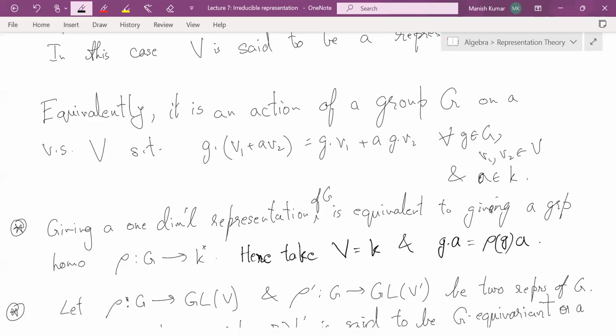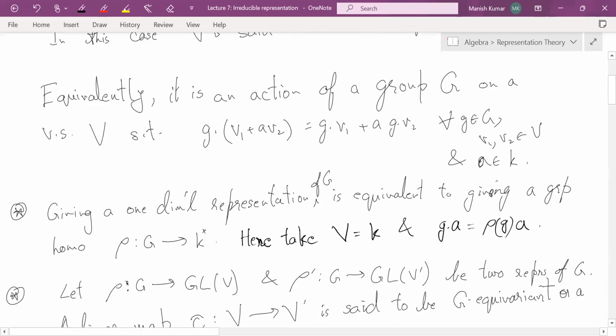A special case is the regular representation, which is basically KG, the group ring. It is the special case of permutation representation where X is G itself, and the action is, let's say, left multiplication.